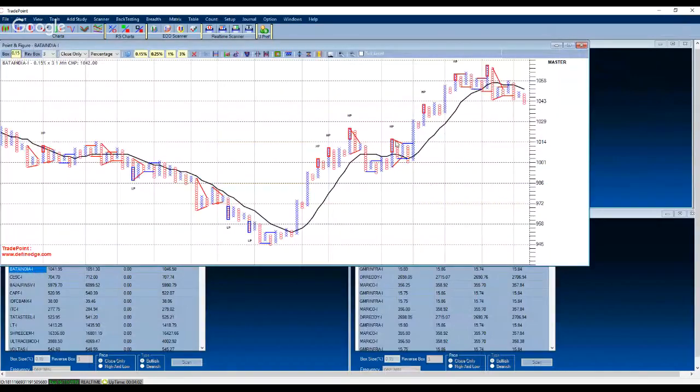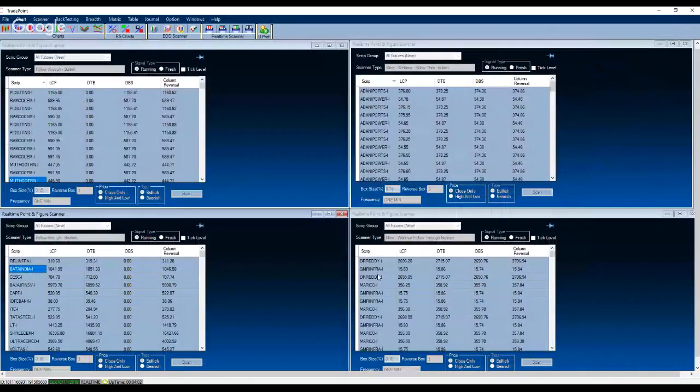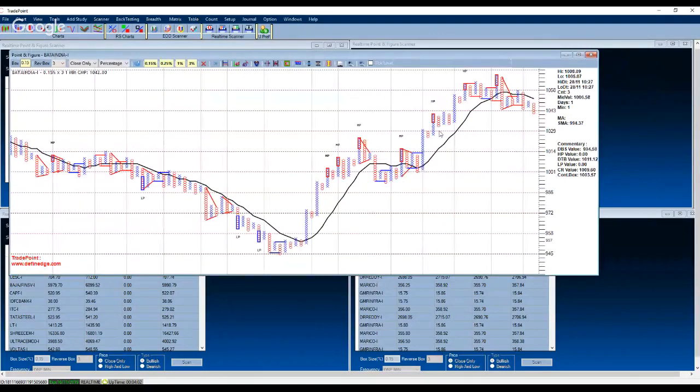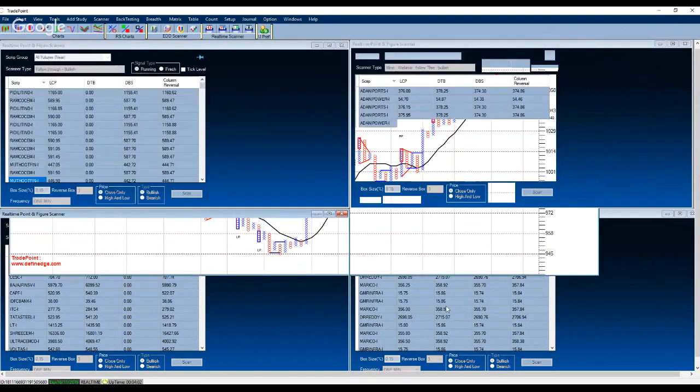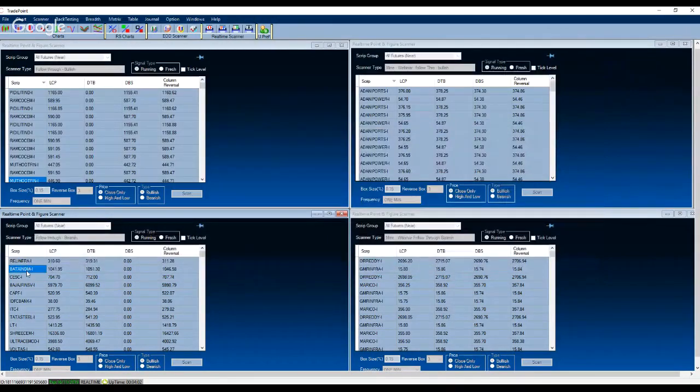So if you notice, Bata India was appearing in this probable candidates little while ago, and Bata India is now figuring here because the conditions are satisfied for a follow through sell signal. The sell signal has also been triggered, which is why it's appearing in this window.